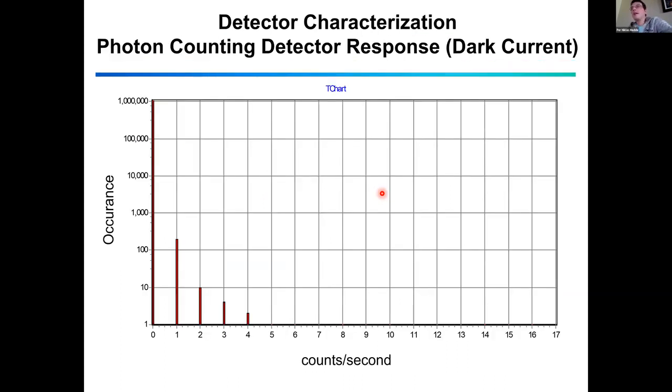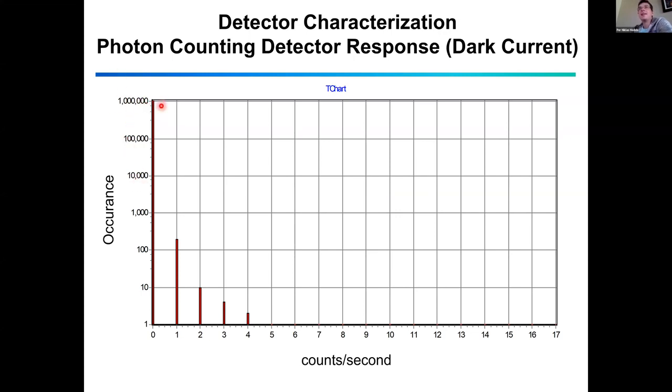Just to show you as a comparison, for a true photon counting detector, where you don't need those correction factors, here is the same histogram, and you can see that almost all of your counts have an occurrence of 0. And keep in mind the y-axis is a logarithmic scale.